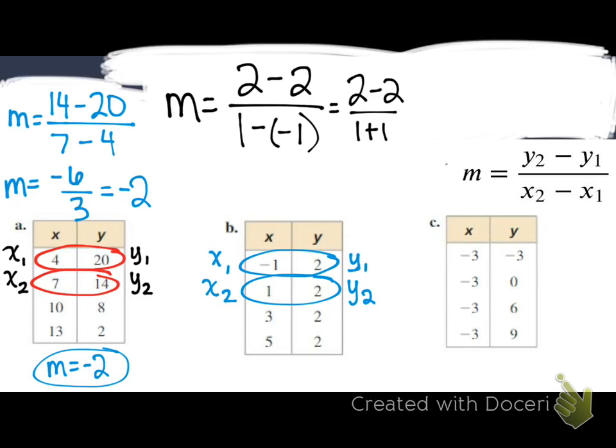The other way would have been negative 1 minus 1, which flips the order either way. So it would be 0 over 2. 0 divided by anything is 0. So our slope on this one is 0.